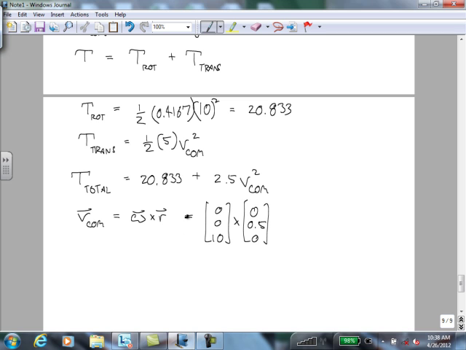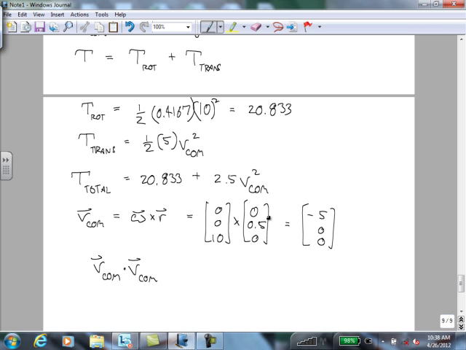That's right, because we're trying to find the velocity of the center of mass, so you're going from the fixed point of the rotation to the point you want. What you get is a velocity vector of negative 5, 0, 0.